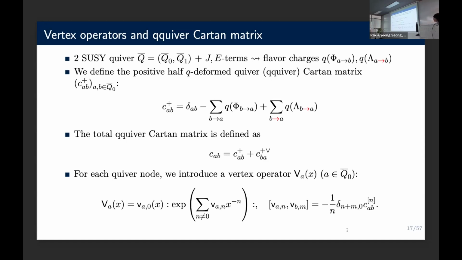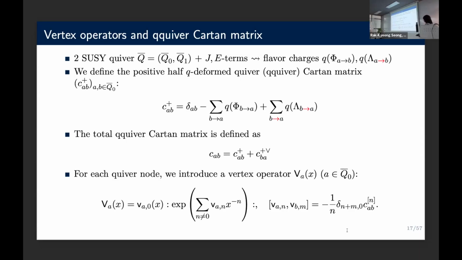So given a quiver diagram, you add some diagonal term, and for each edge associated to the chiral fields, you take the difference of the associated flavor charges, and you take the summation of the Fermi flavor charges.